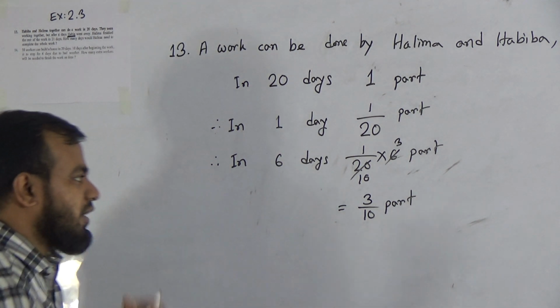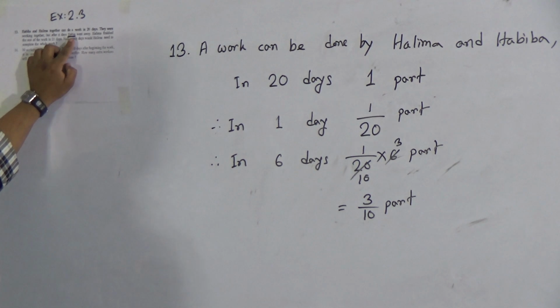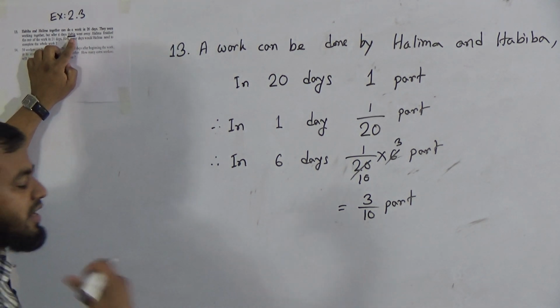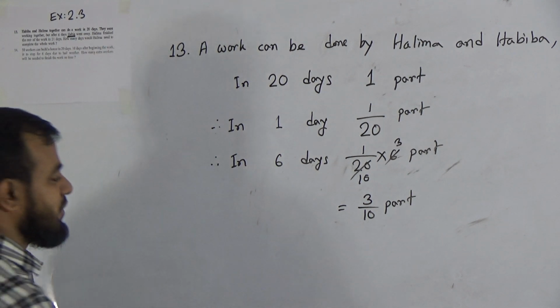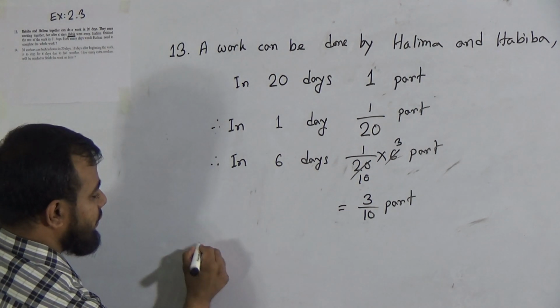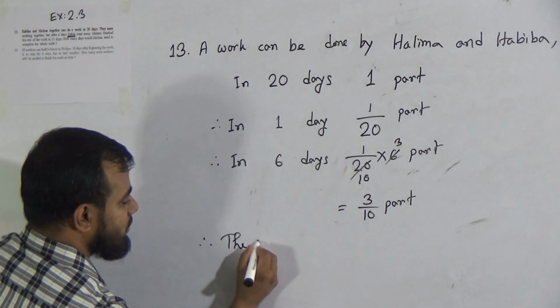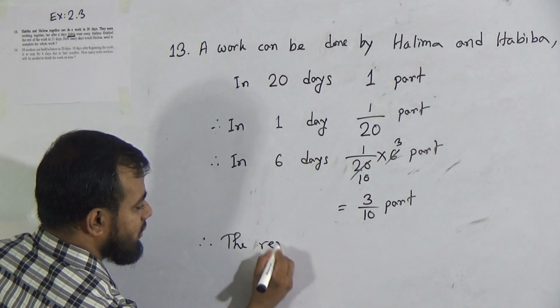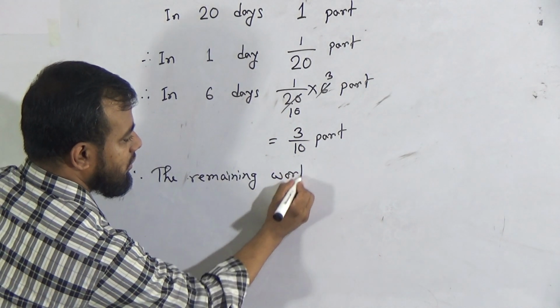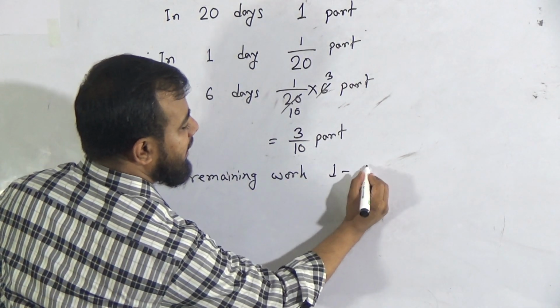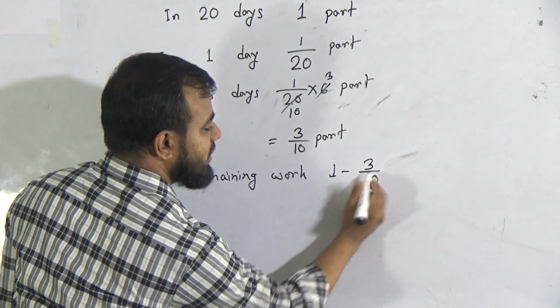Okay, after that who left? It's Habiba left. That's why the remaining work is done alone by Halima. So what is the remaining work? Therefore the remaining work is 1 minus 3/10, because this is done already.